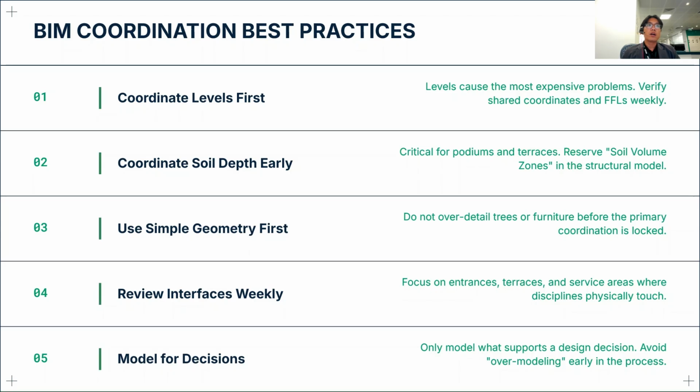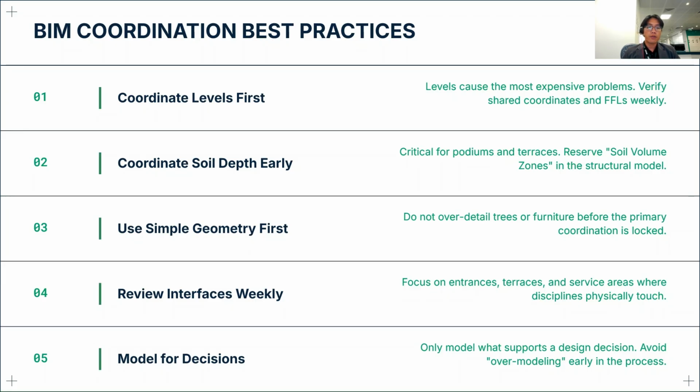Space is critical for the podium and the terrace. We also have to coordinate well with the structure in terms of soil volume. The third is using simple geometry first, so we don't need to work in too much detail for the trees or the furniture before we do the primary coordination.